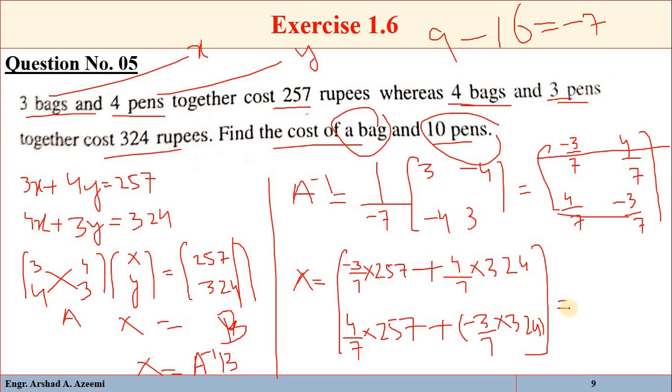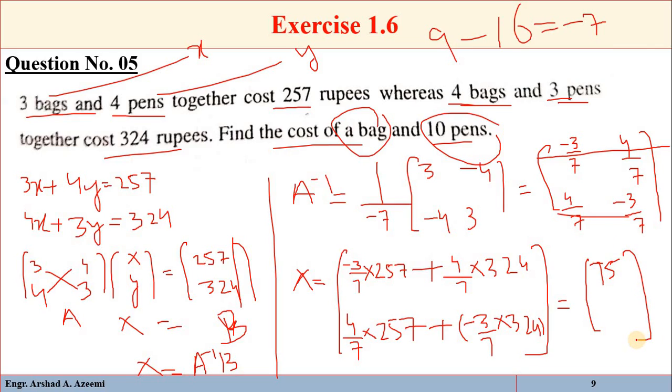So 1 divided by 7 multiplied by minus 3 multiplied by 257 plus 4 multiplied by 324. So it will give you 525 by 7, from which you will get 75.